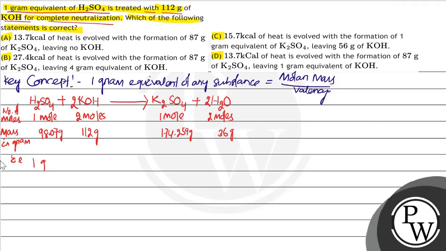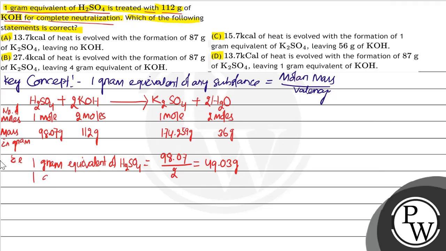So 1 gram equivalent of H2SO4 is equal to molar mass 98.07 by basicity 2, which is equal to 49.03 gram.